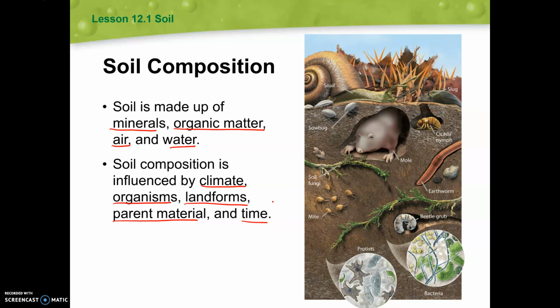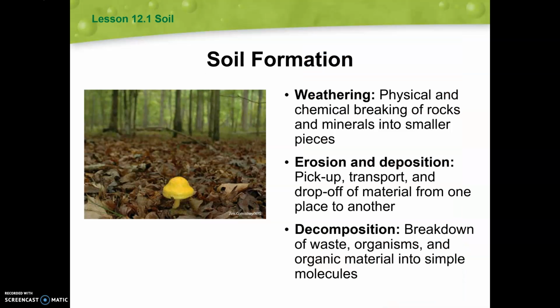If we take a look at this picture, we can see all the different types of organisms inside of our soil itself. We see a couple different types of animals, insects, some plants that affect it, the soil fungi, and all those different things that are going to influence the health of our soil.